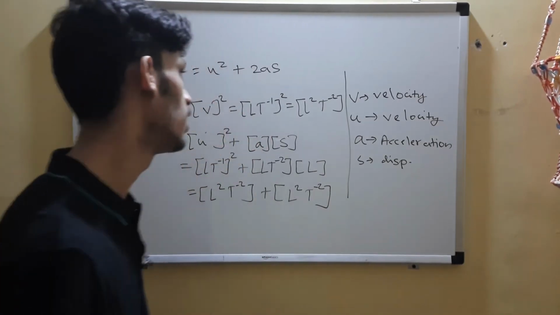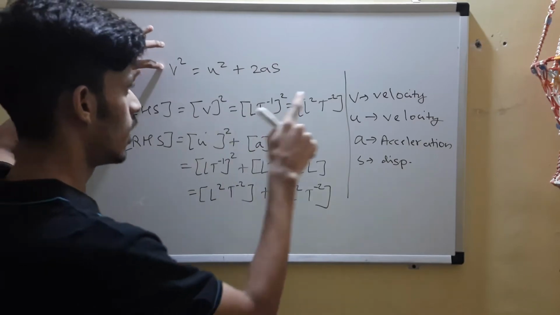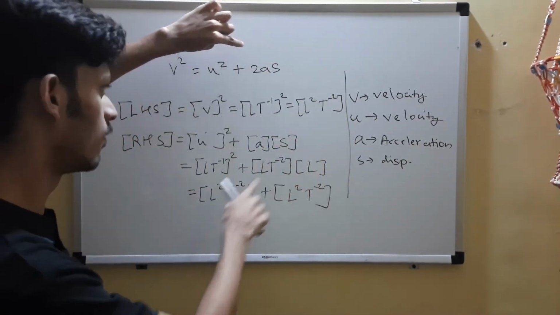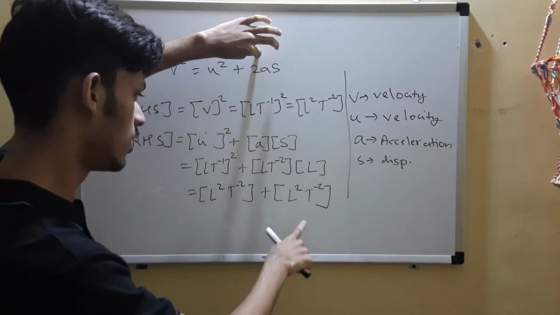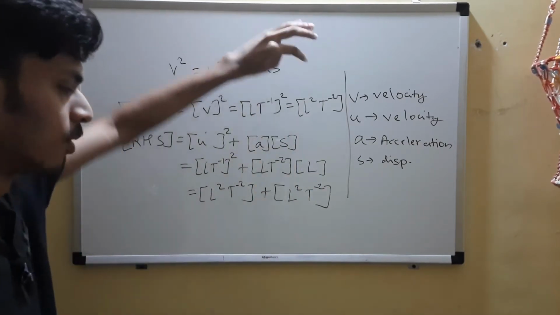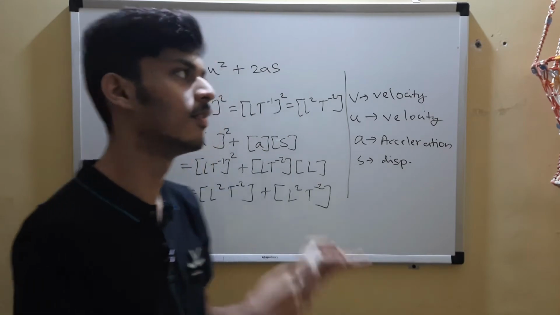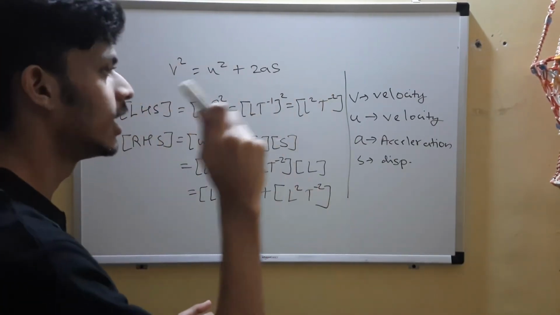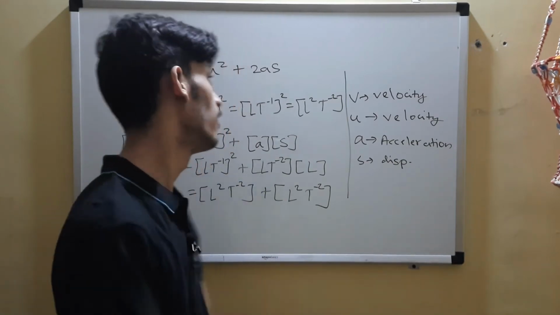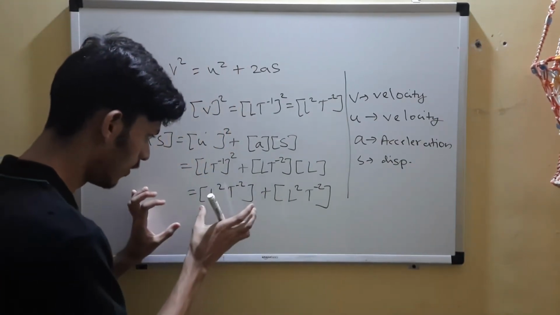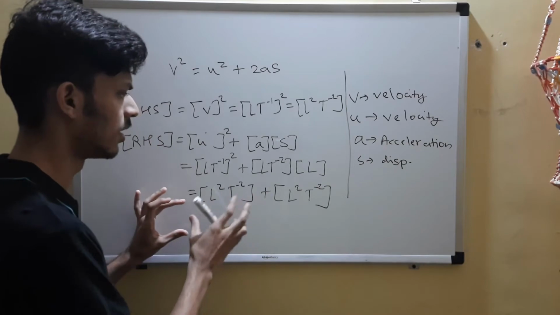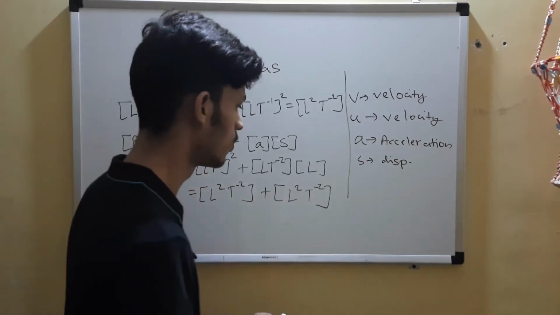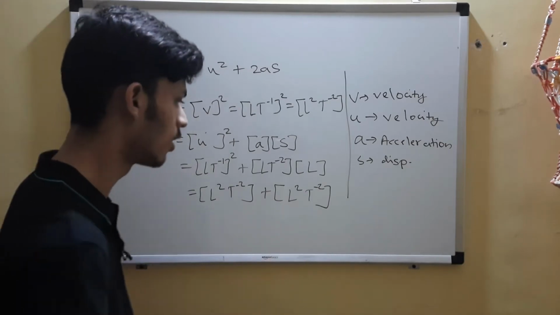Those who know the principle of homogeneity will say v square has these dimensions, u square has this thing which is the same as that, and even this term has the same dimensions. So the principle of homogeneity holds, and we can safely conclude that this equation is dimensionally correct. Or the second way, in which we say, okay, this is L2 T raised to minus 2 and L2 T raised to minus 2, so we are adding two similar physical quantities.